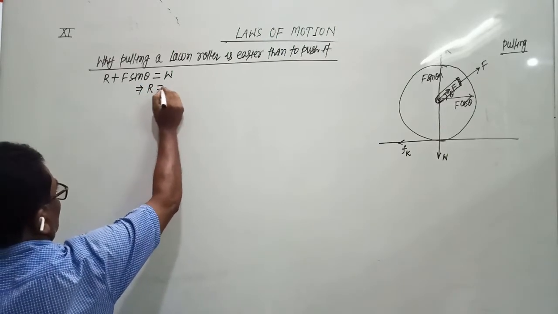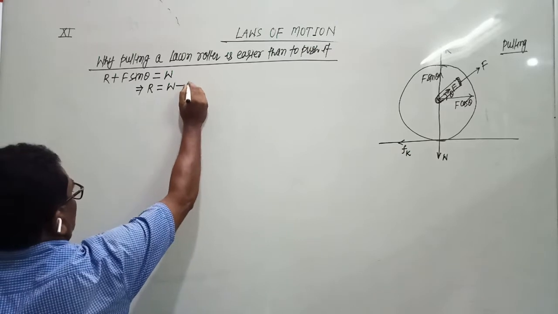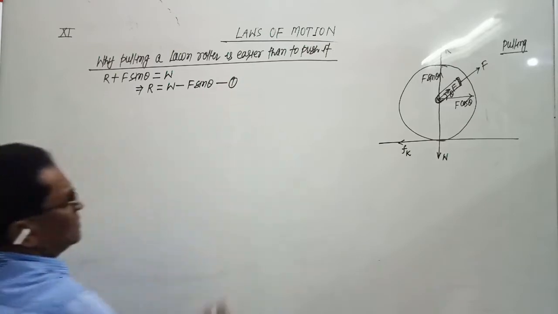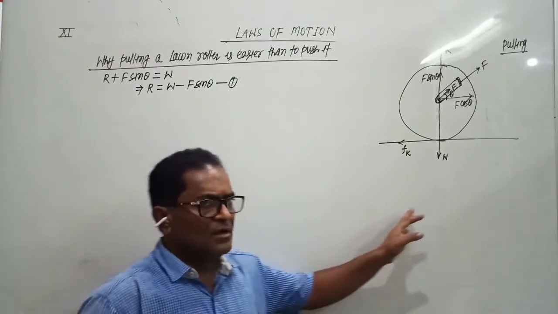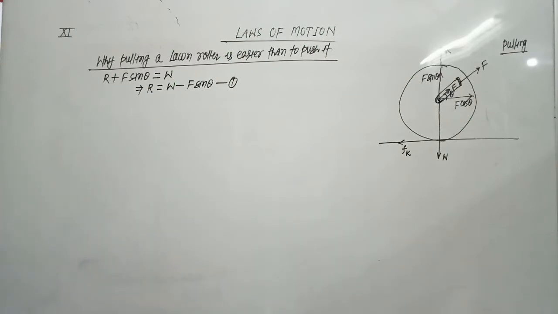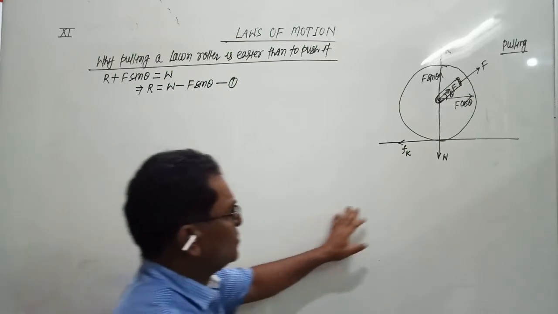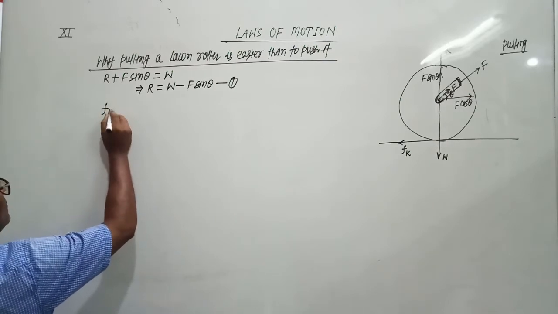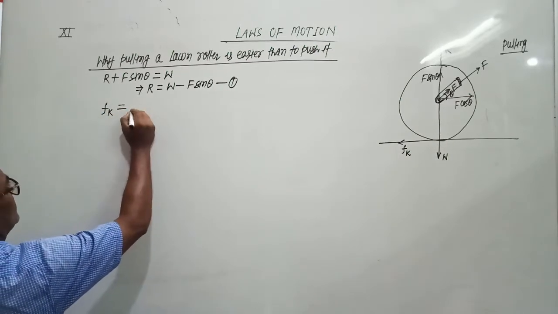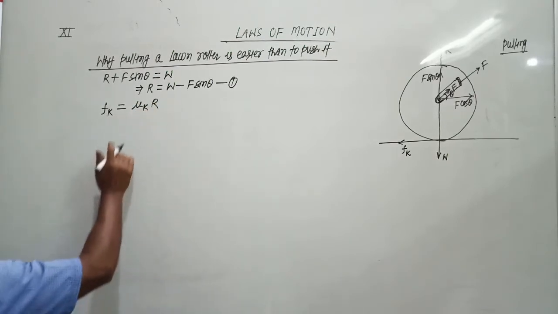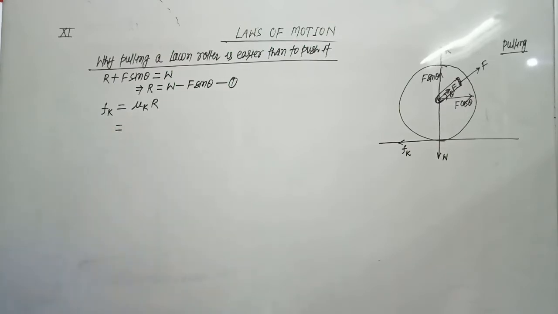So R equals W minus F sin theta. Now coefficient of friction mu, F equals mu into R. Force of kinetic friction Fk equals mu k into R, coefficient of friction into normal reaction, and the value of R is W minus F sin theta.